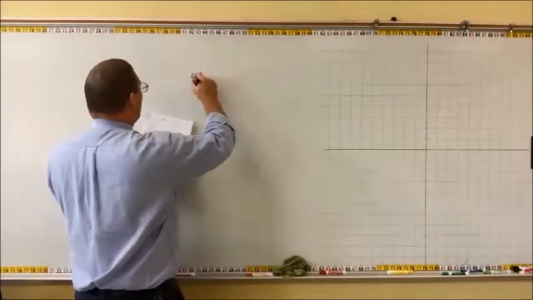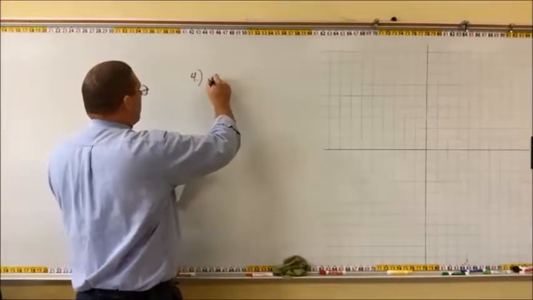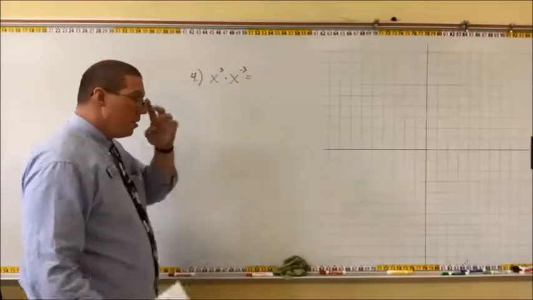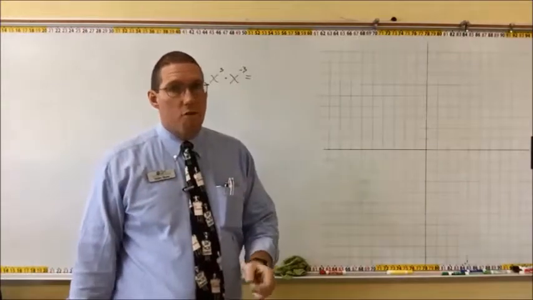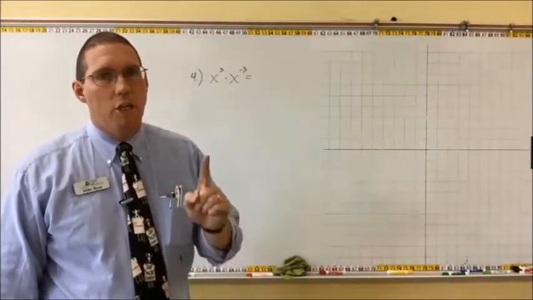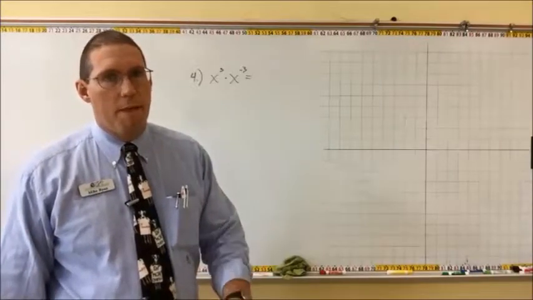All right, question 4 says x to the 3rd power times x to the negative 3 power. Now, simplify means reduce to its simplest form, including if that form is a number.